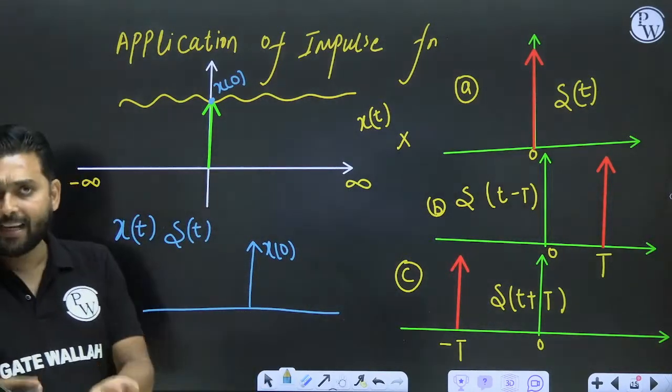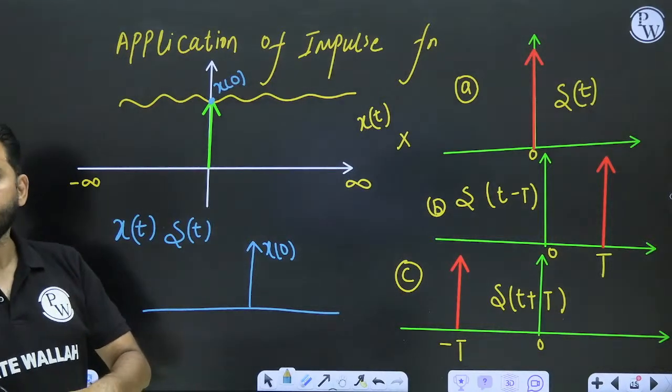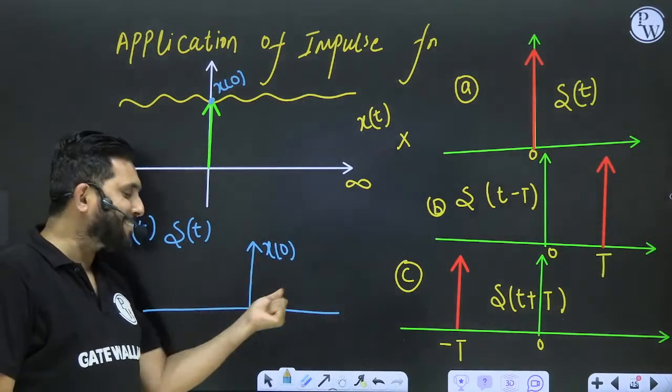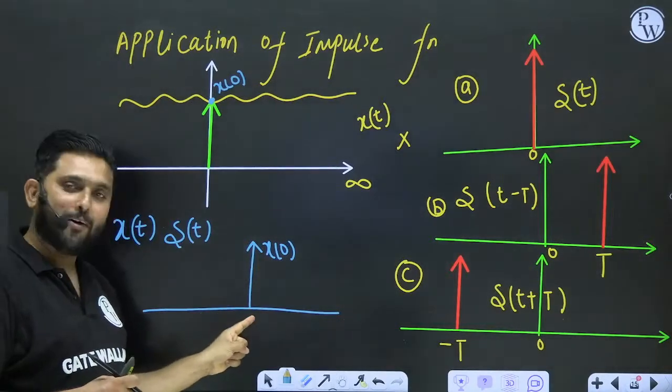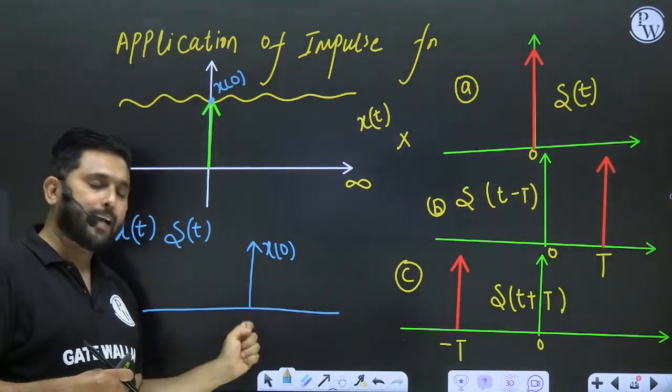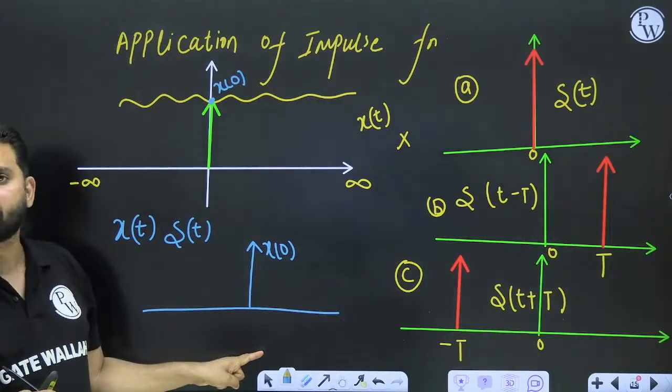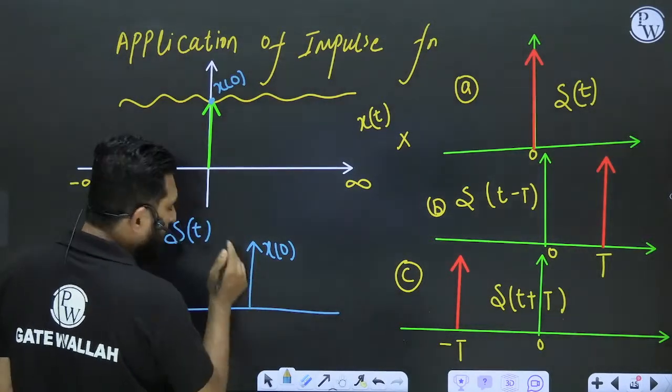This means that it is also a delta t. Yes, it is at the center. The existence is still at t equal to 0, and it exists only for t equal to 0, so this is also an impulse.